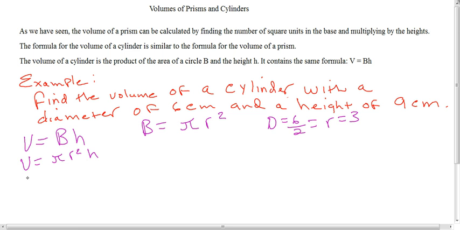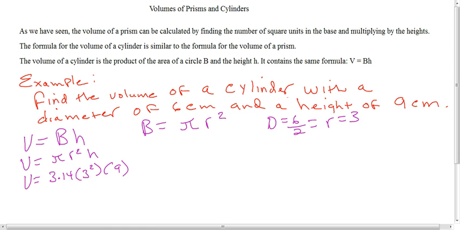Now let's substitute. V is equal to 3.14 times a radius of 3, so that'll be 3 to the second power, and we have a height also of 9. There are two ways we could do this. We can square 3 and get 9, multiply 9 times 9, and then pi.